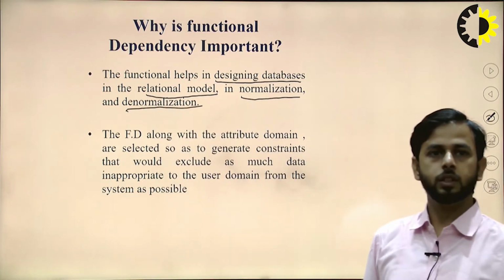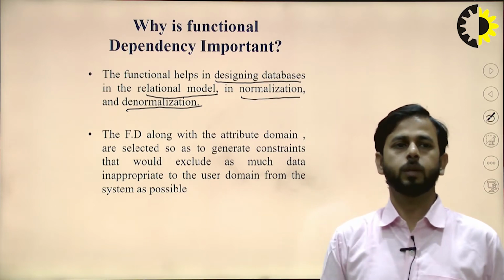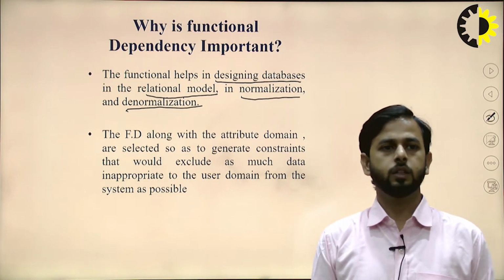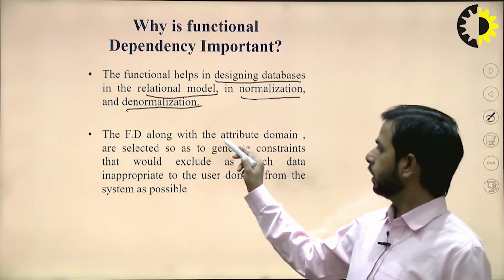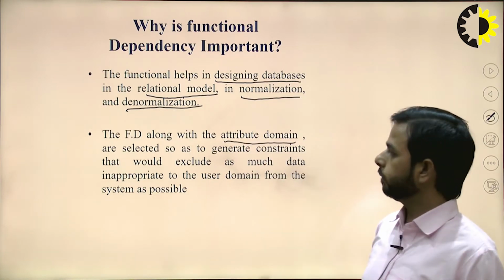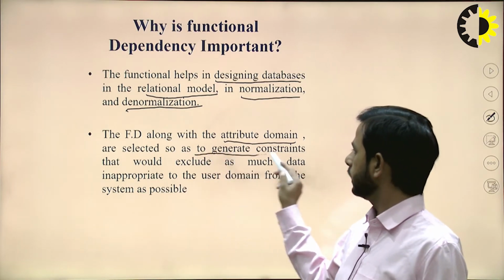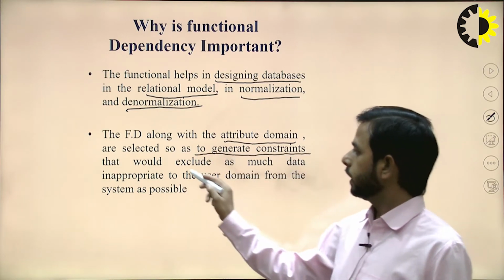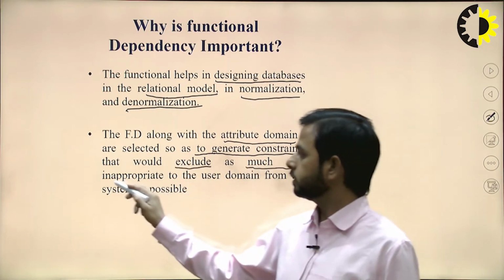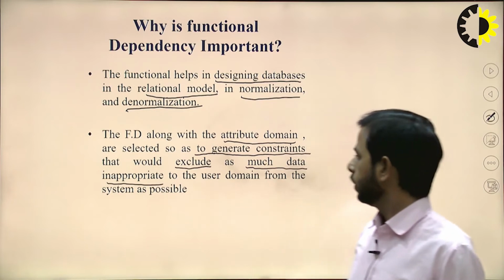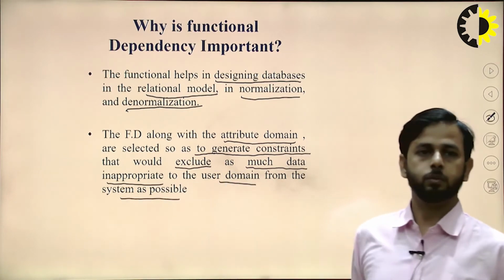The functional dependency, along with attribute domain, is selected so as to generate constraints that would exclude as much data as inappropriate to the user domain from the system as possible.